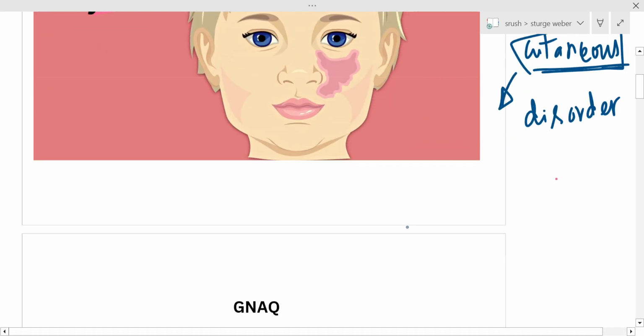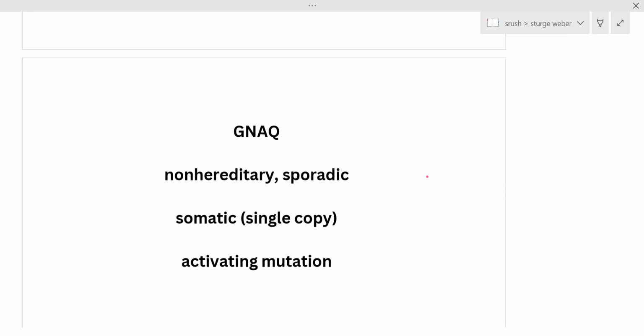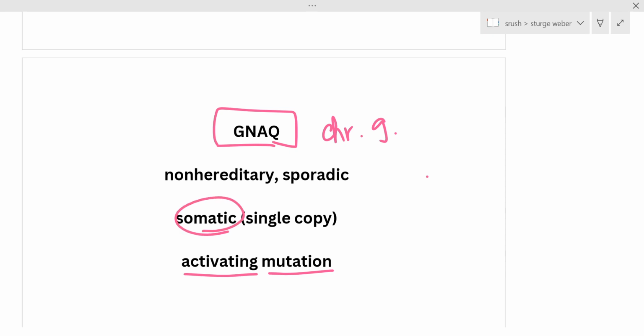So what happens here is you have this GNAQ gene, which is on chromosome 9. It undergoes an activating mutation. It's a somatic mutation that is sporadic. It happens sporadically and in a non-hereditary manner, in the sense that just because both the parents are normal does not mean that the child cannot develop Sturge-Weber.